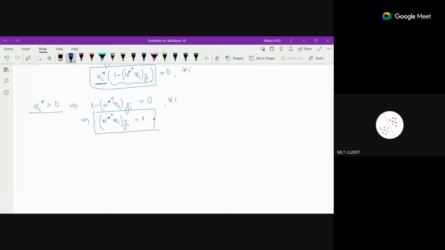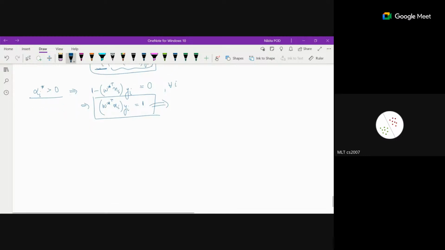So, looking at this, what can we say? What we can say is that the points which are there on those margins, only those points are contributing towards my optimal W star, because this is strictly equal to 1. And these are the lines that you have.